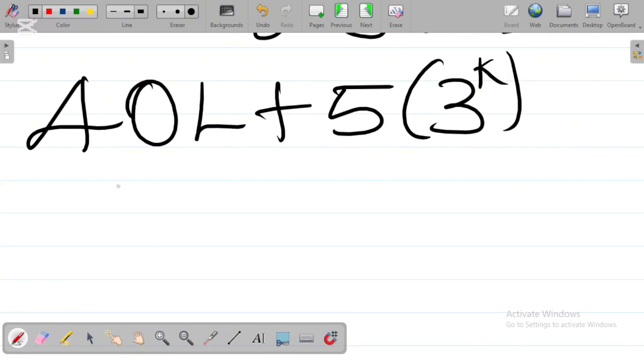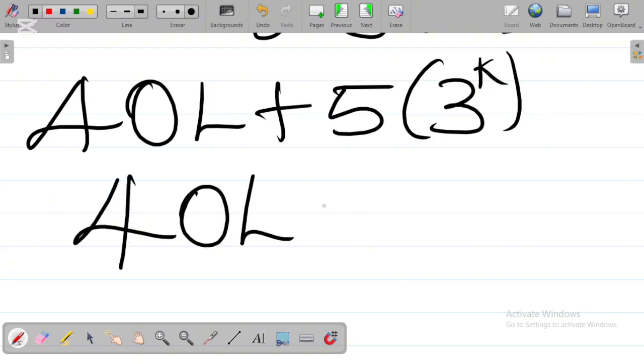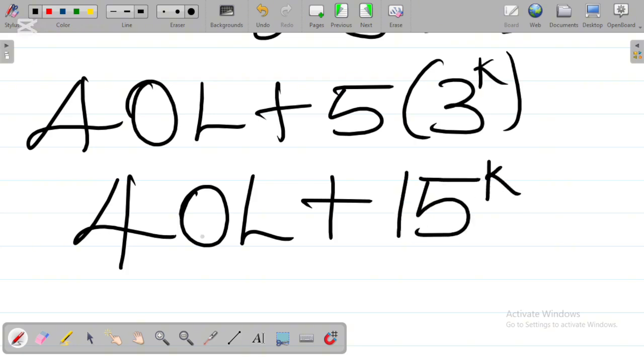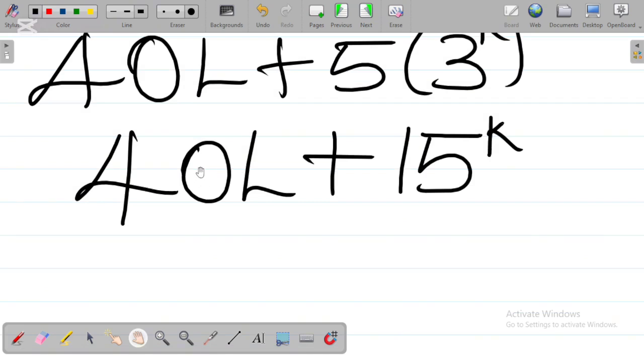All right, at this point, we are going to open the bracket again. So we have 40L plus 5 multiplied by 3 raised to the power k is 15 raised to the power k. At this point, you can choose to leave your answer like this. Why? Remember, we are asked to find if the equation given is divisible by 5.